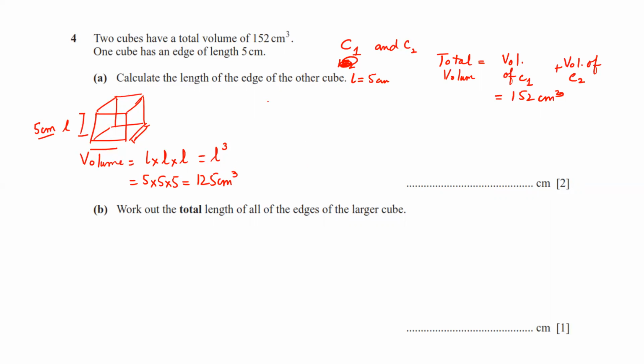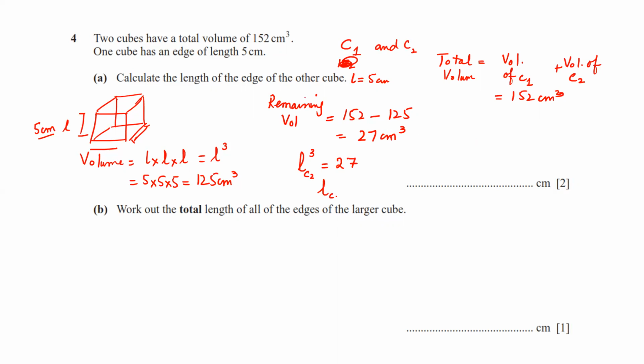So what is the remaining volume? The remaining volume will be 152 minus 125, and this comes out to be 27 centimeter cube. Now this is the remaining volume, and we know that the volume of any cube is equal to L cube. So for cube 2, L cube is equal to 27.